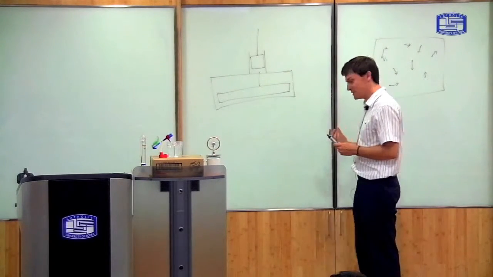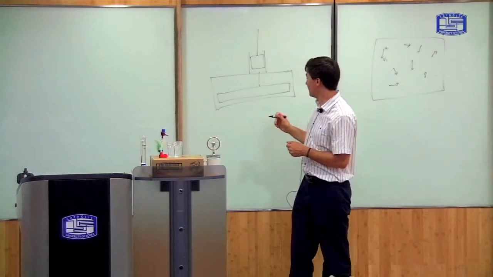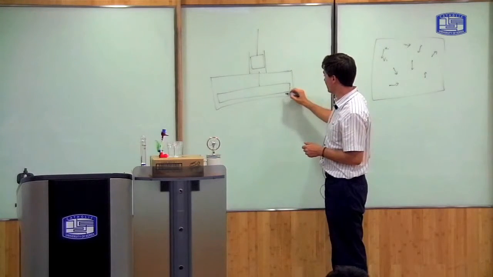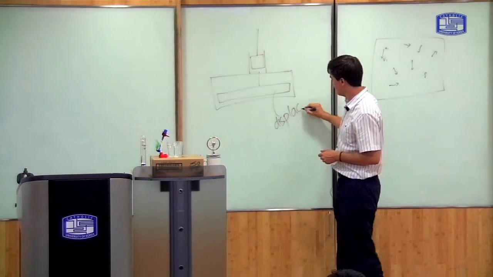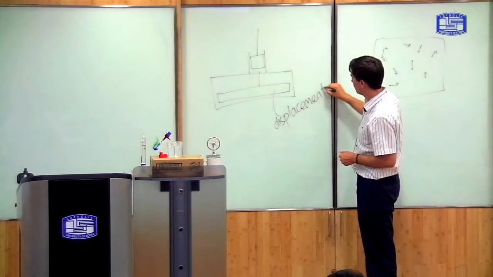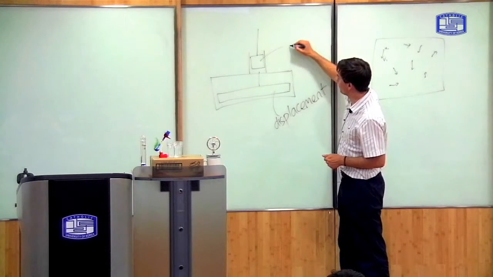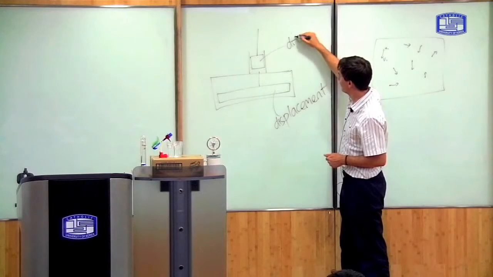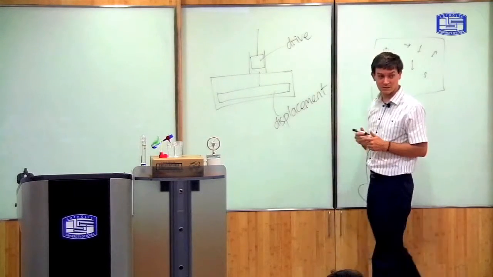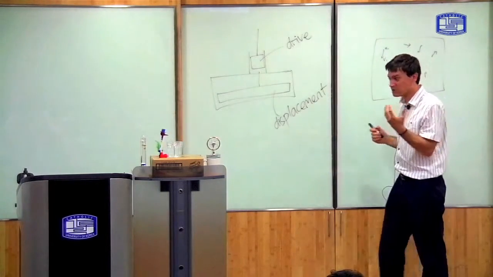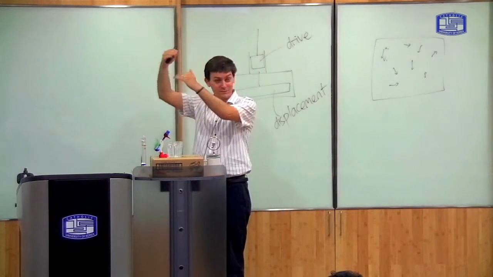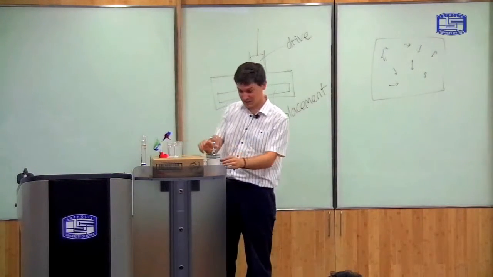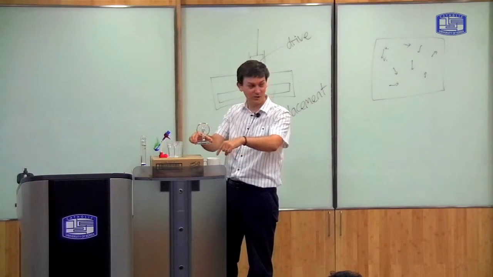Okay, so there are two pistons, and they have different roles. This one is called the displacement piston. And this one is called the drive piston. Now what's important, I said that heat engines always use a difference between hot and cold. Right? This machine is currently running on a cup of hot water.